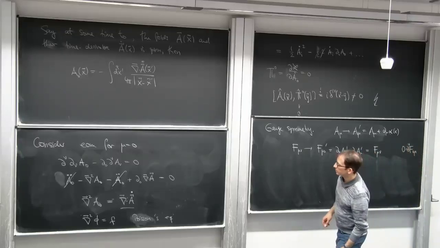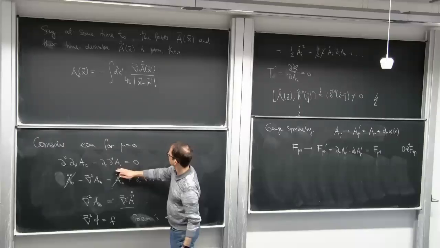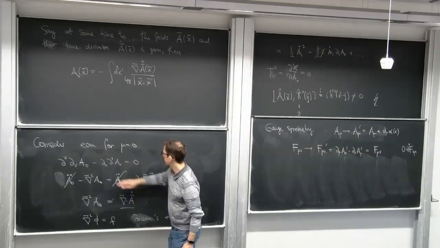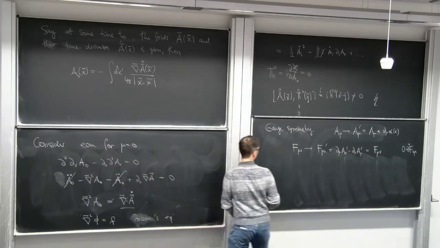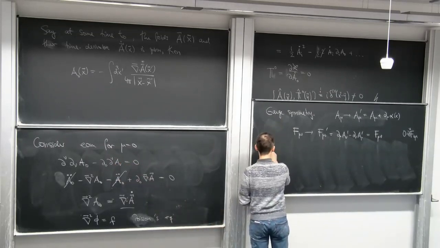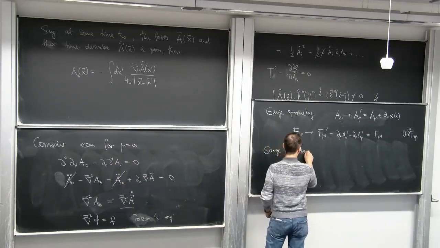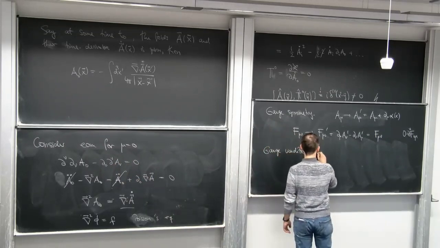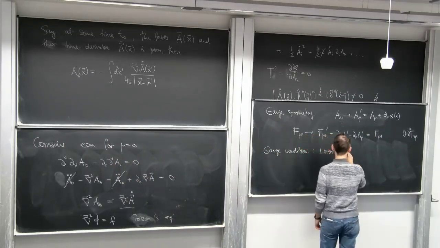And in fact, where's my equation? So in fact, I want to get rid of the second term. So I want to impose a gauge condition. In fact, Lorentz gauge. There are many, but I want Lorentz gauge.